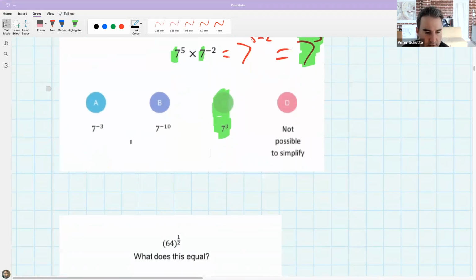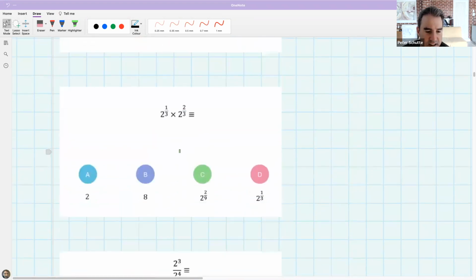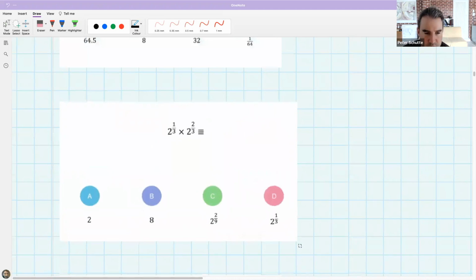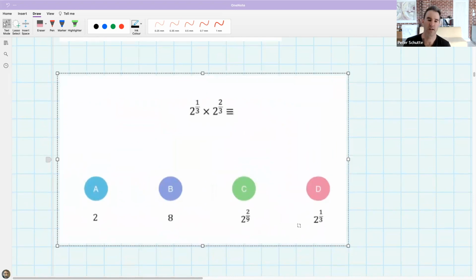Okay, we'll skip that one for now. Let's do this one. So you've got this 2 to the power of a third times 2 to the power of 2/3.